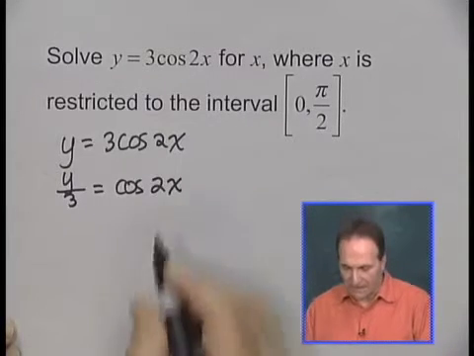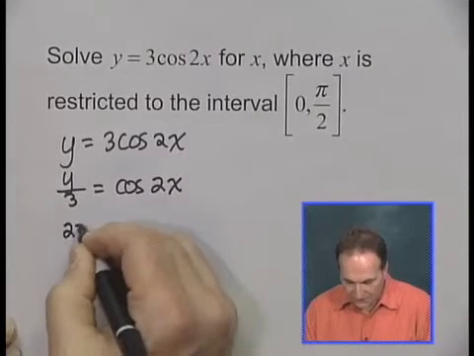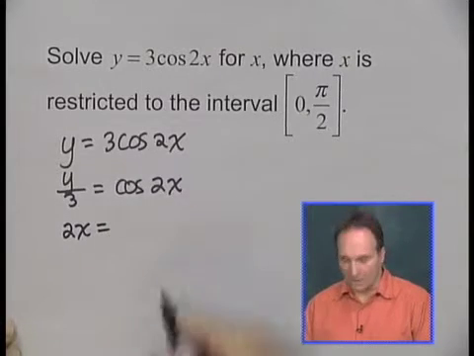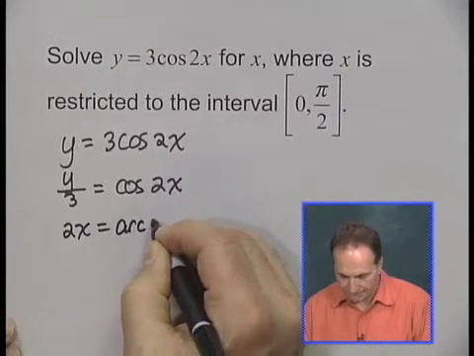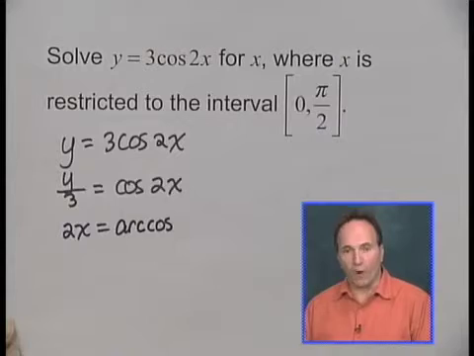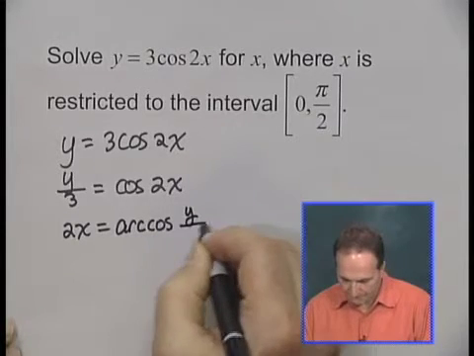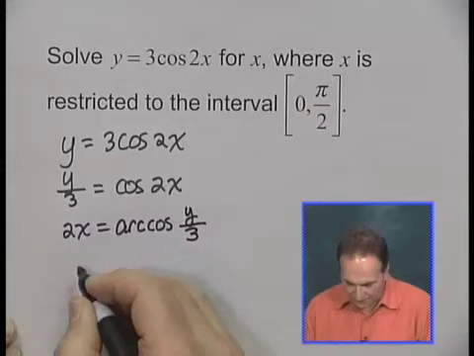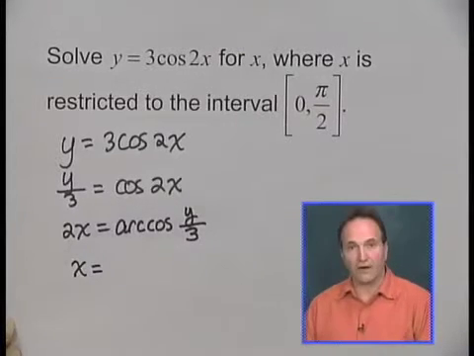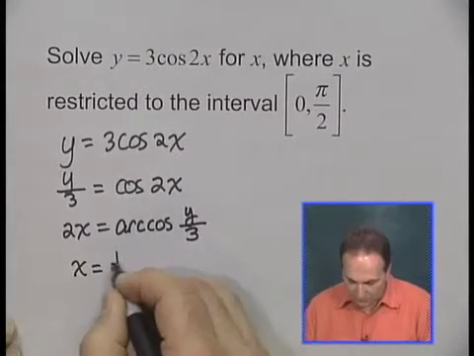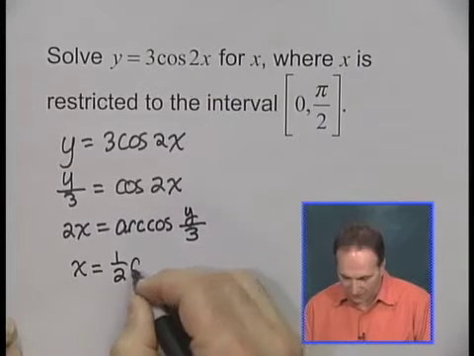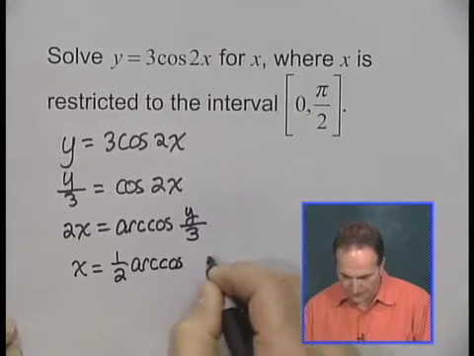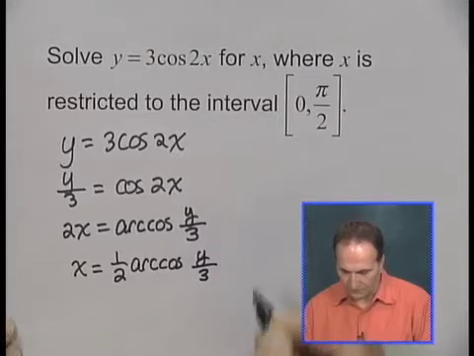And now I can say that 2x is equal to the arc cosine of y over 3. Finally, I can divide each side by 2 to get the value for x. So x would equal 1/2 arc cosine of y over 3.